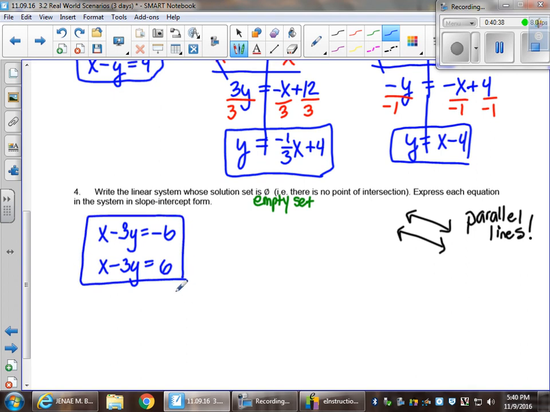The directions again say express each equation in the system in slope-intercept form. Solve for y. So x minus 3y equals negative 6, line down equal sign. I would ask that you pause and you actually try solving this one yourself. Get y equals mx plus b. So I'm going to subtract x from both sides.